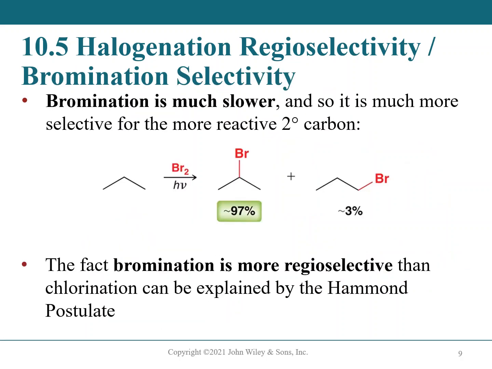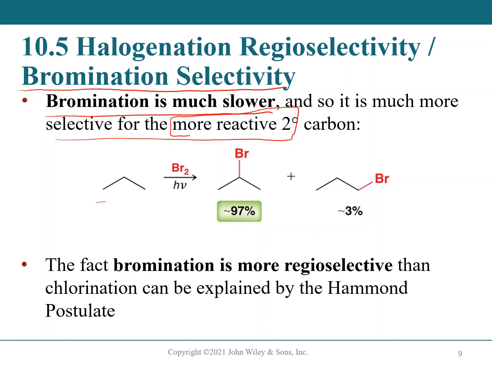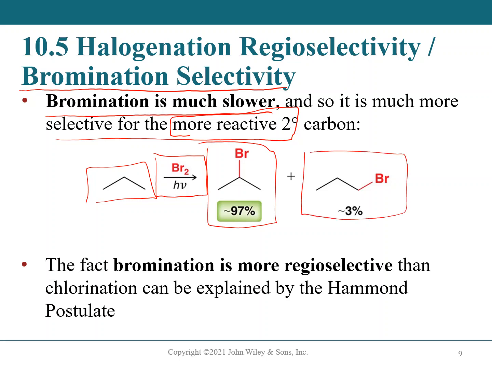So if we compare the selectivity of chlorination versus bromination, bromination, as we mentioned, is a much slower reaction. Because of that, it's more selective for the more reactive secondary carbon atom. You can see here when we do the same reaction, where we take propane, react it with bromine, and shine light on it, we get 97% of the secondary product and only 3% of the primary bromination product.